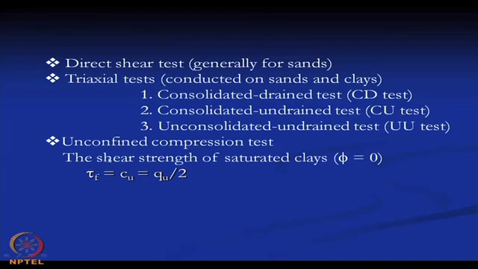If the unconfined compressive strength is Qu, then half of Qu will give us the Cu. So the unconfined compressive strength divided by 2 gives us the Cu.